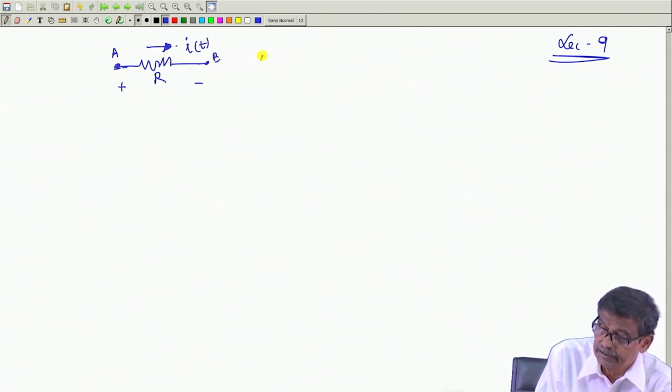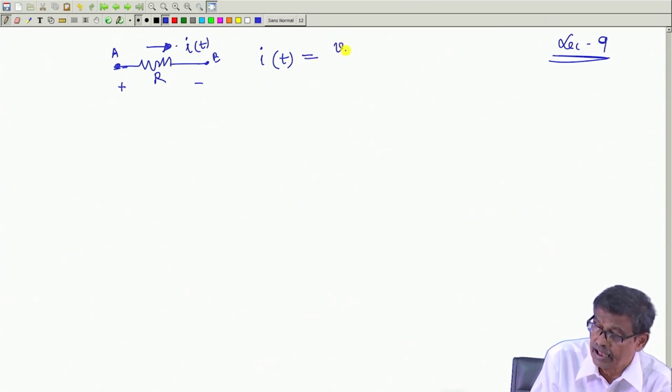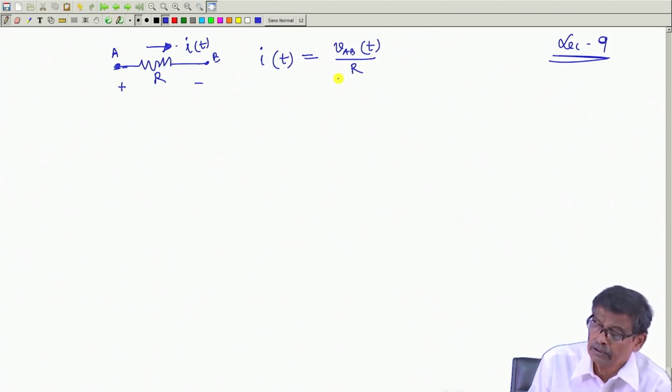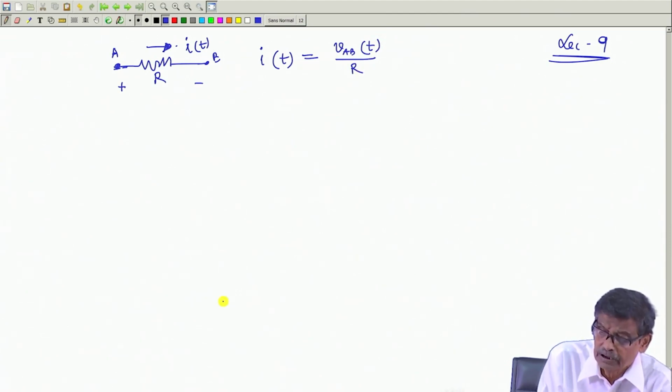So, you can see the voltage current relationship of a resistance will be i equal to VAB divided by R, which may also be a function of time, I do not know. So, at any instant of time, calculate potential of A with respect to B, divide by R, and you will get current in this direction. That is very important.